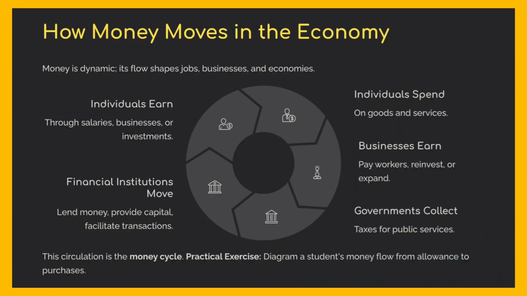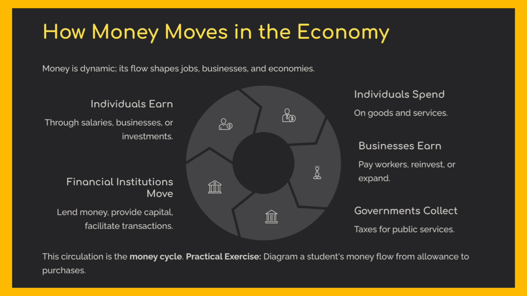How money moves in the economy. Money is not static, it flows. The movement of money shapes jobs, businesses, and national economies. Individuals earn money through salaries, businesses, or investments. Individuals spend money on goods and services. Businesses earn revenue and pay workers, reinvest, or expand.